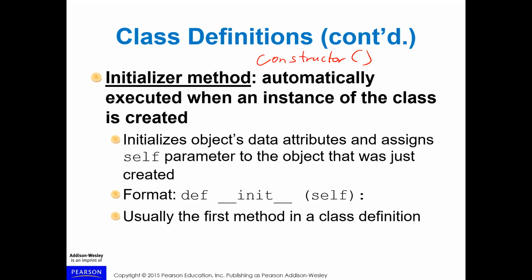So you have these different parameters, and that means that the class usually will have an initializer method, as I said, referred to as the constructor. Basically, what it does is that it's automatically executed when an instance of the class is created.